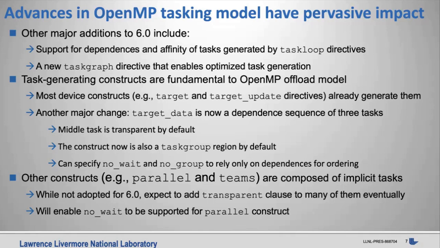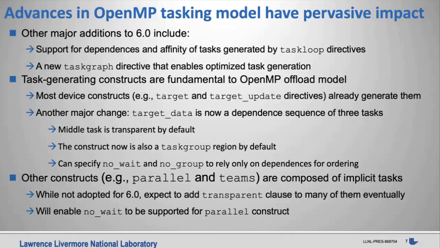All right. We also added that the target data construct is a taskgroup region by default. Potentially this reduces some of the concurrency that you might have had previously, but from our observation of many uses of target data, most applications were already assuming that target data in fact formed a taskgroup region. Now, if you want to omit the taskgroup region, you actually have to specify the nogroup clause on target data.